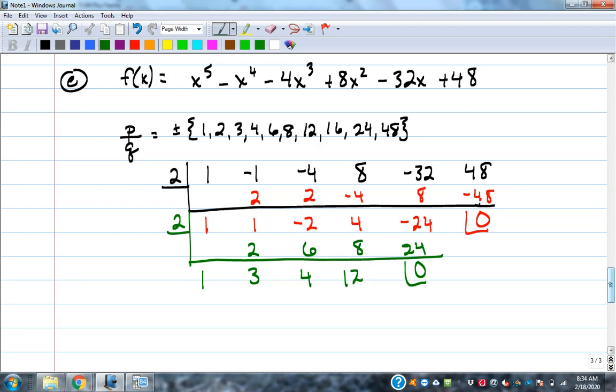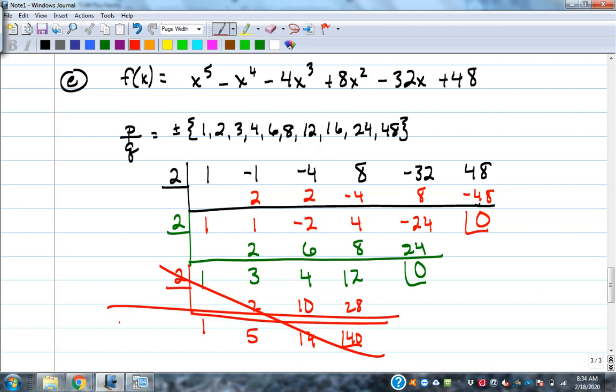So if I tried the 2 again with synthetic division, just to see if that's going to happen, I'm just going to run it through real quick. Shouldn't take me very long. And that's easy to see that that's not a remainder of 0. It's not 0. It's 30, 40. That doesn't work. So I know that that synthetic division does not work.